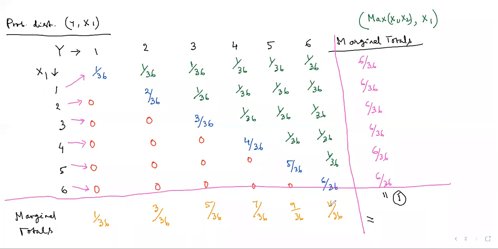Let me check. That is also 1. So once we get the total of all the marginal totals, column-wise and row-wise, to be 1, that means the probability distribution that we have constructed is correct.